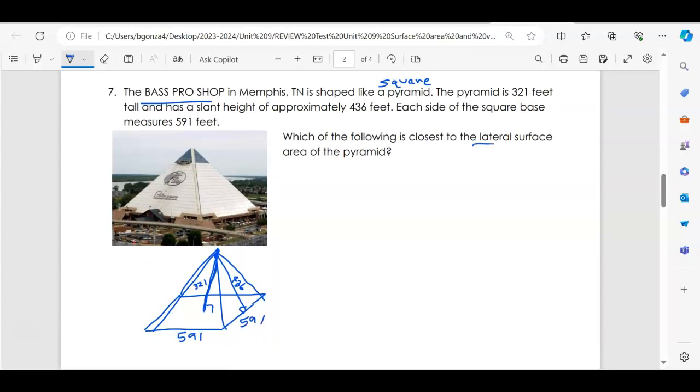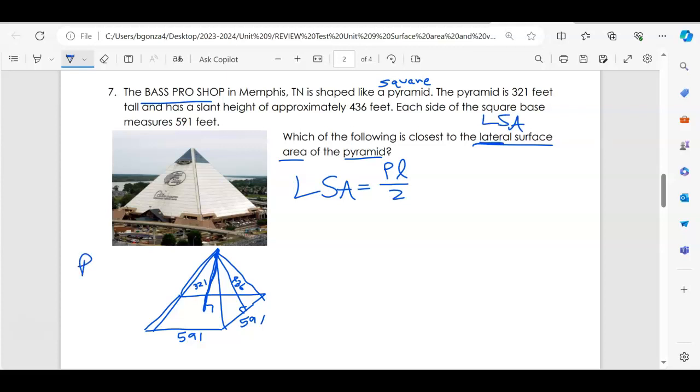Okay, so we want to find the total lateral surface area of the pyramid. The LSA of a pyramid is PL over 2, or 1 half PL. We're not adding plus B because it's lateral LSA only, okay? So the perimeter of the bottom.